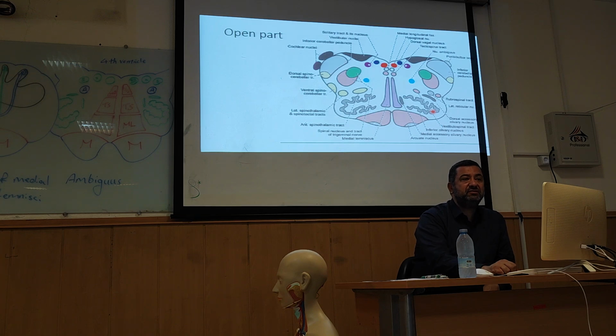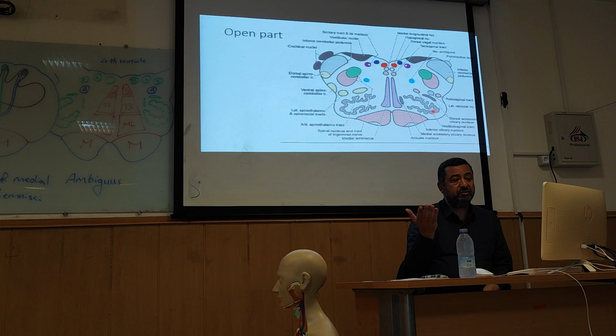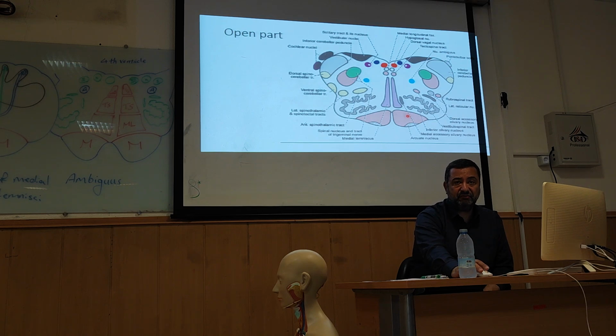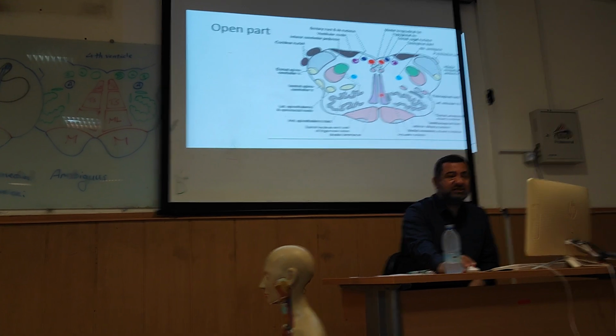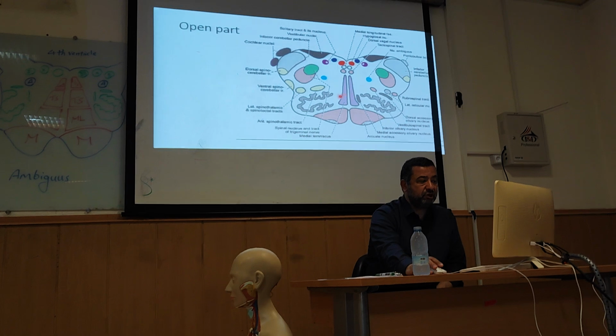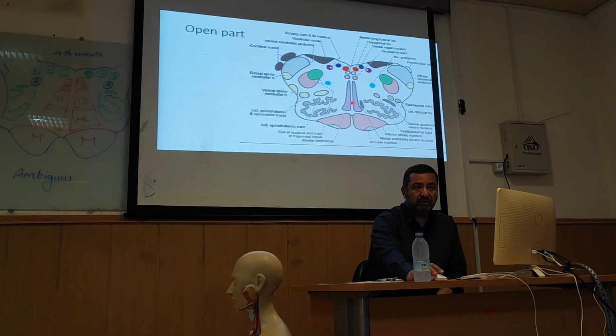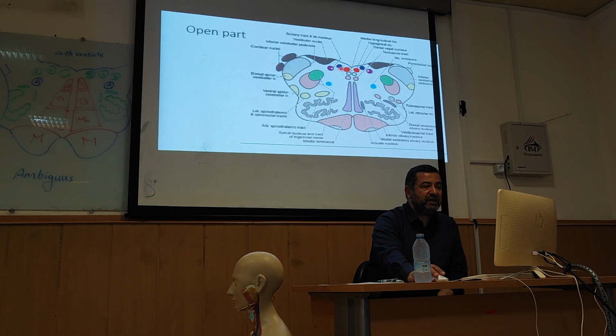What about this? Superior section of the open part. This structure is medial and motor, the corticospinal tract, pyramid. This is medial lemniscus. This is tectospinal tract, and here is MLF, medial longitudinal fasciculus. What about this nucleus?